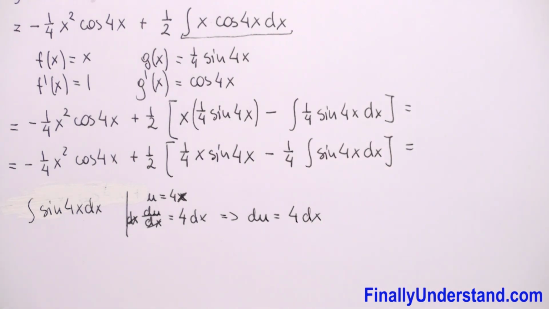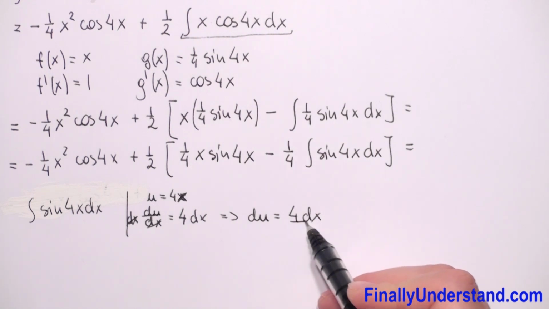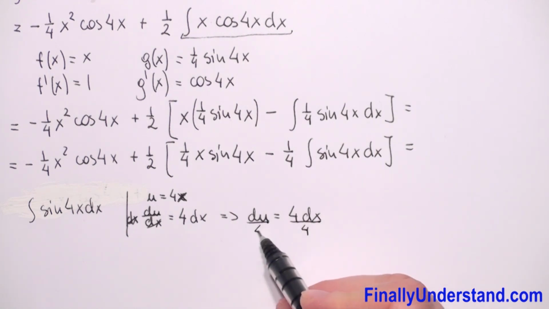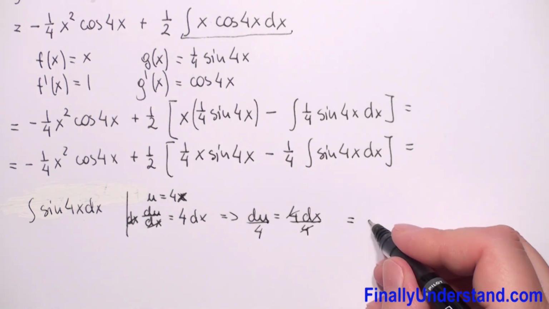When we do substitution method, we cannot mix up x and u in one expression. So when I have sine of 4x, I will put sine of u. I will need to find dx. So we have here 4 dx. I will divide both sides by 4. So 4 and 4 we can reduce, and I will change the sides.